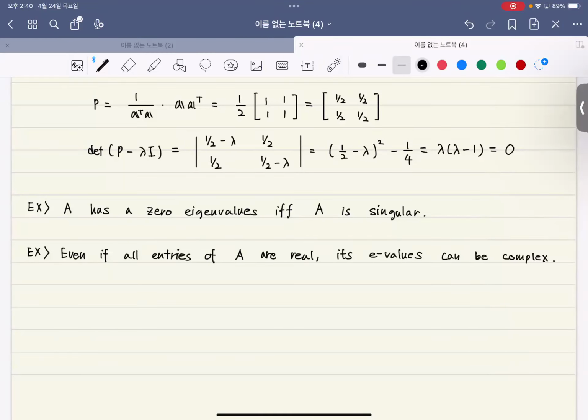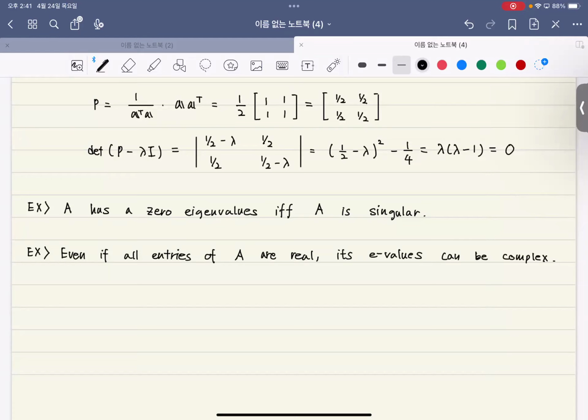I believe some of you already recognize this, but I have been intentionally avoiding mentioning complex numbers and matrices with complex entries. But at this point, I can no longer avoid mentioning them. Even if all entries of A are real, there can be a matrix whose eigenvalues are complex numbers. Why is that?